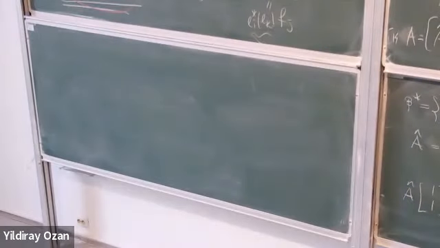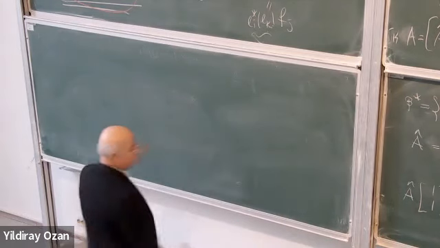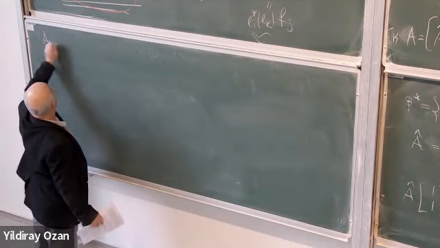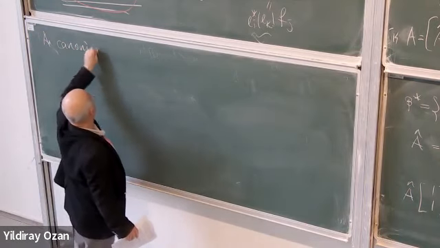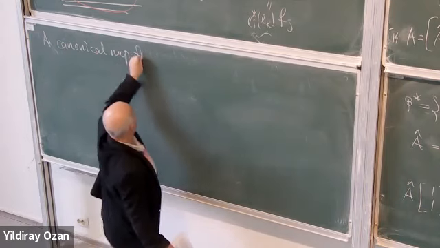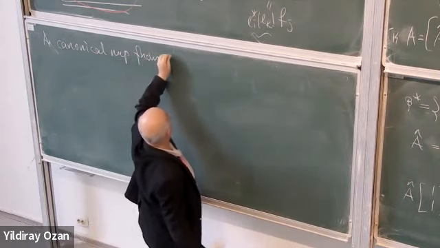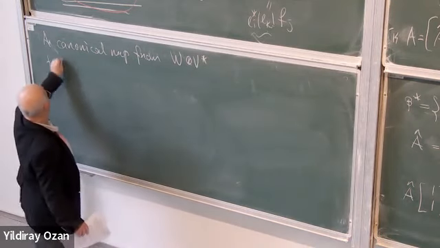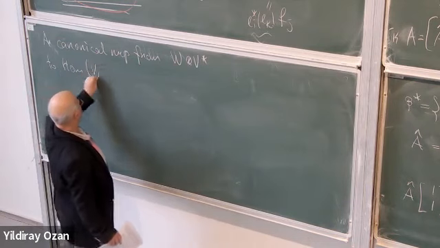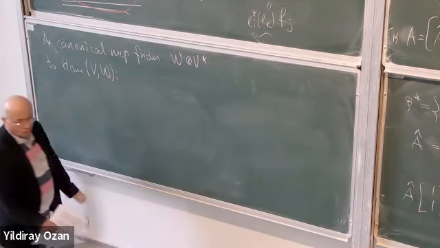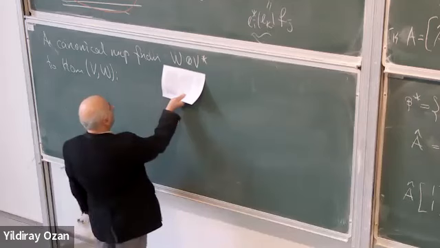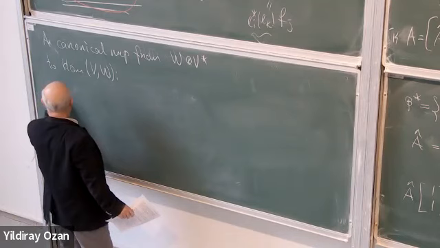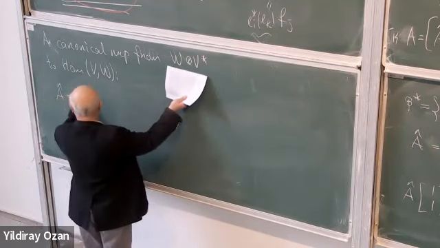Actually, I'll get a canonical map from W tensor V star to homomorphisms. You give me this element. So let's say I take one element here. What is this?